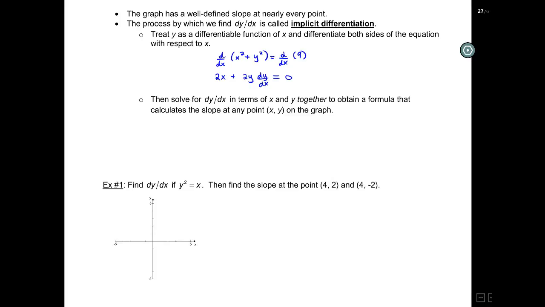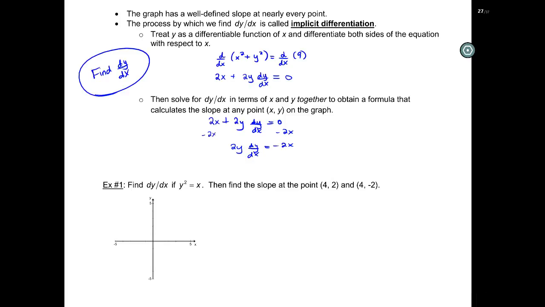It's still 0. Now remember, my entire goal here is to find dy/dx. Right? That's what we're trying to find. Well, I have dy/dx in my equation, so now I want to isolate that. So I have 2x plus 2y dy/dx equals 0. So I'm going to subtract 2x from both sides. So I have 2y dy/dx equals negative 2x.